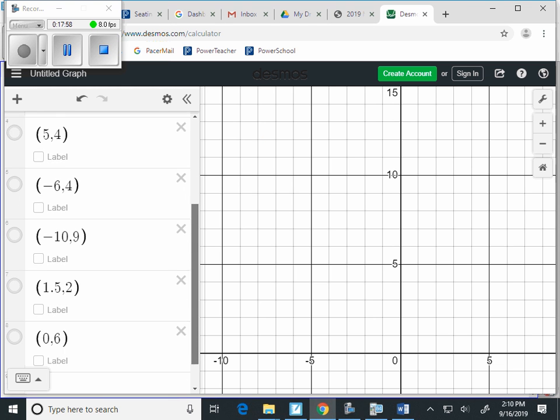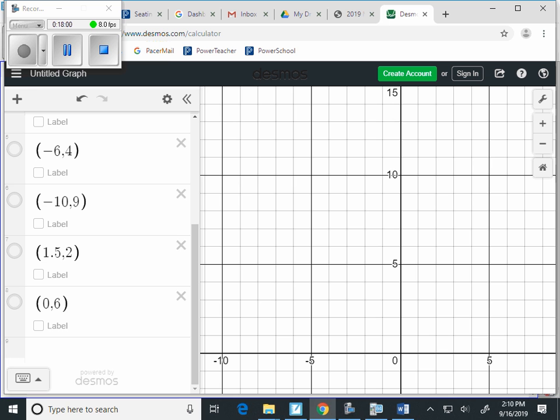Should be the last points if I remember correctly. So 1, 5, 2, turning that one on, 0, 6 are the problems that we're given, because 1, 5, 2 in this particular problem says it has a midpoint.